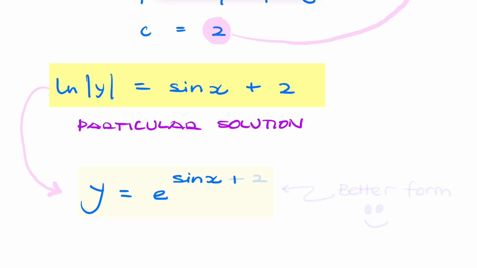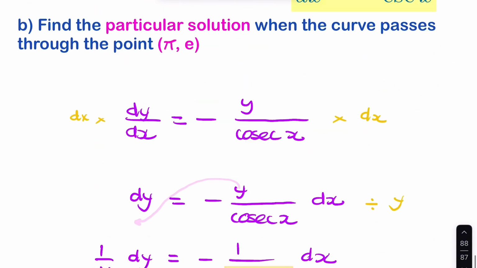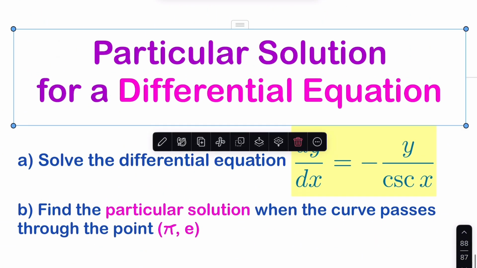Where possible, you want y equals rather than ln y equals. But both of them are correct in the sense that they are both true statements that express the particular solution. So that's how you would find the particular solution of a differential equation using trig.